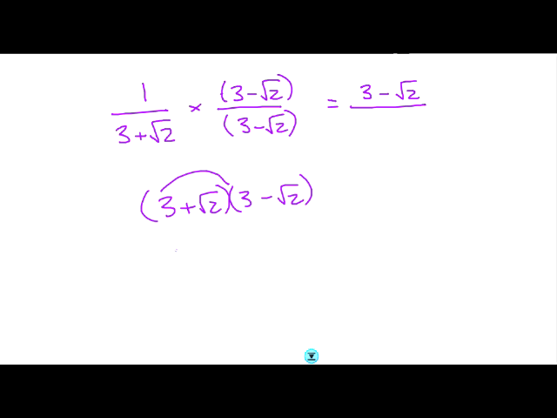So we'd have 9 for the first two terms, minus 3 root 2's plus 3 root 2's, which would therefore cancel each other out, and then this final root 2 times root 2 is just 2, so it's negative because 1 is a positive and 1 is a negative. And therefore we get 7. So we have rationalized the denominator, and that is the answer we are expecting.